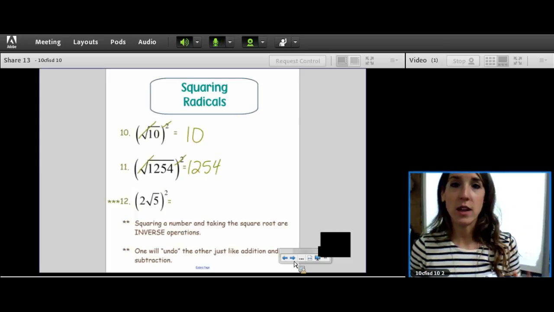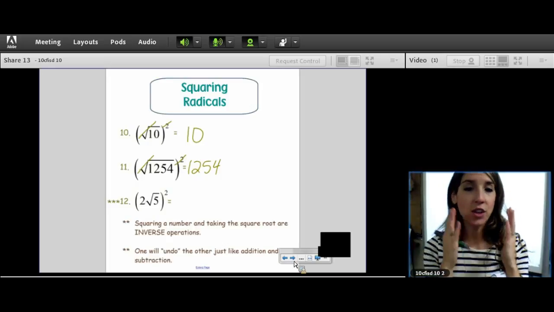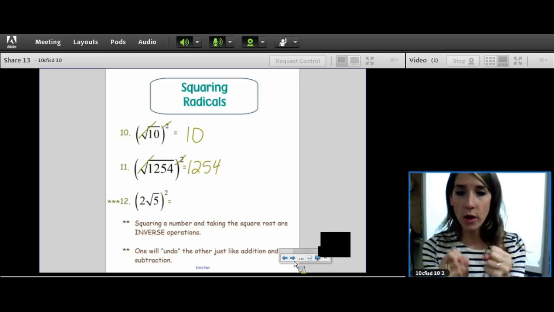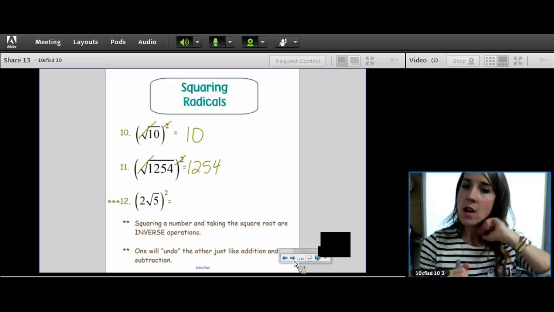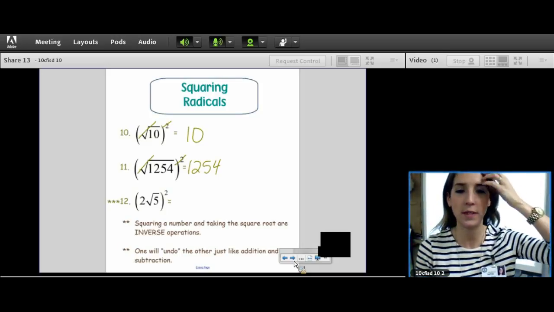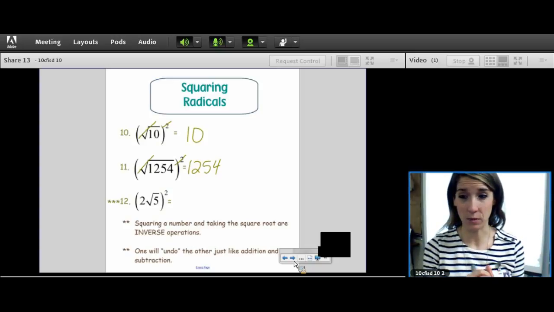The moral of the story: when you square a square root, the answer is just the radicand. The answer is not square root of 10. The answer is not 10 squared. The answer is the whole number 10. The whole number 1,254. Okay. Now, I want you to put a star in your notes by this number, 2 root 5 squared. I have a lot of students who skip a step here and get this one wrong.